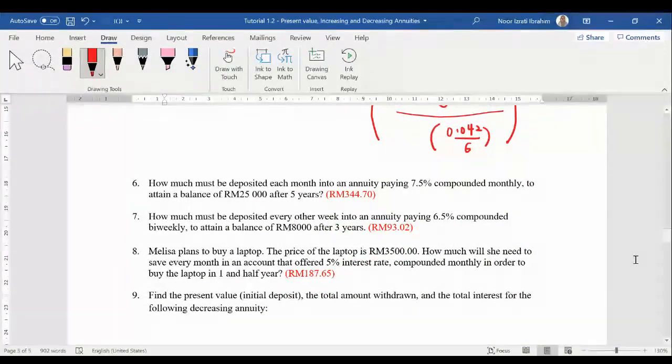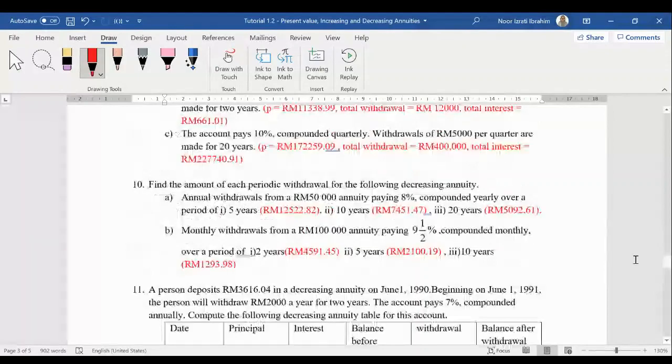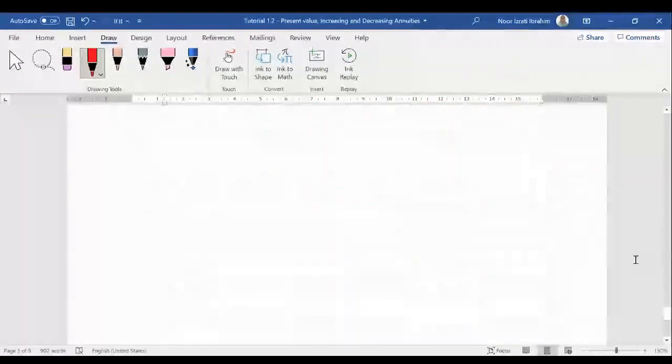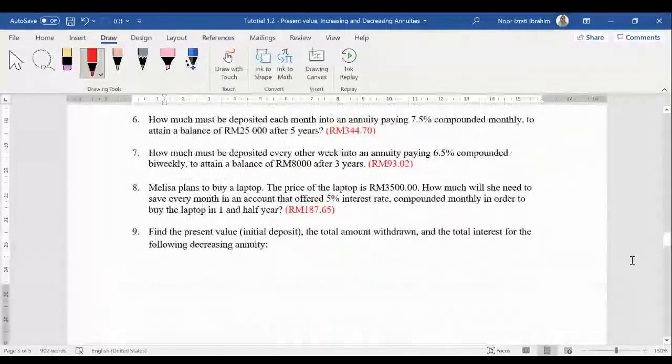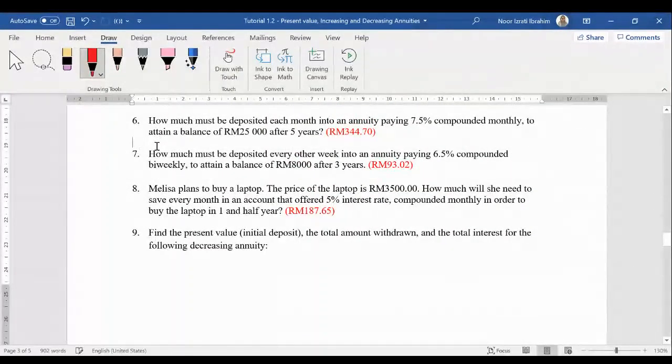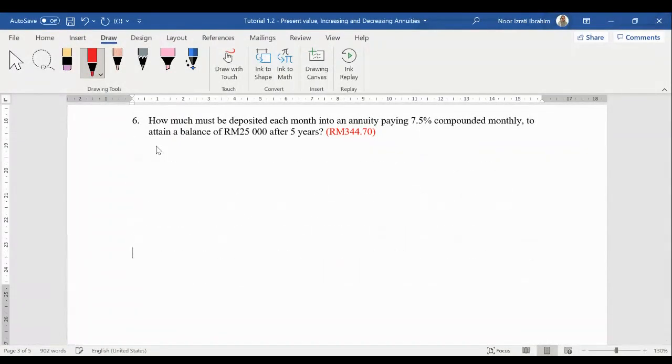Okay, questions number 6, 7, and 8 are similar. Let me just check how many questions we have. Oh, 13. Okay, question number 6. How much must be deposited each month into an annuity, paying 7.5% compounded monthly, to attain the balance of 25,000 after 5 years?